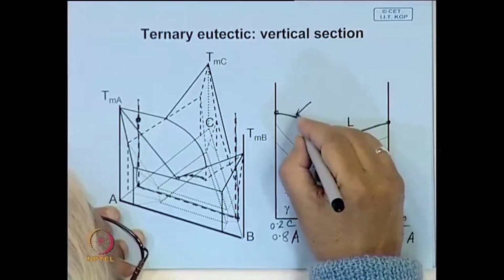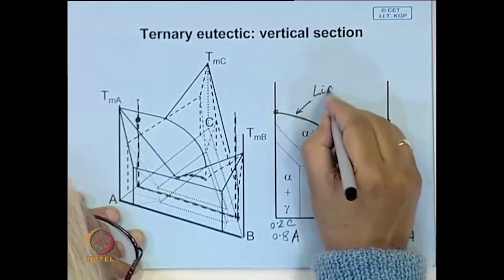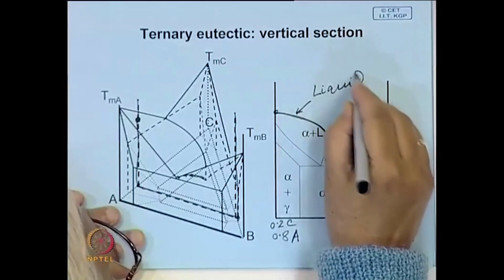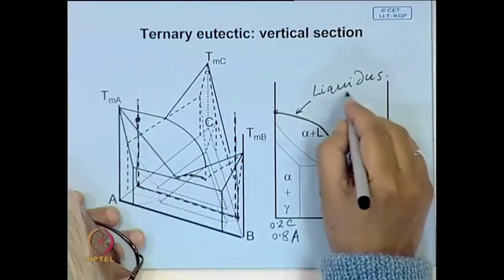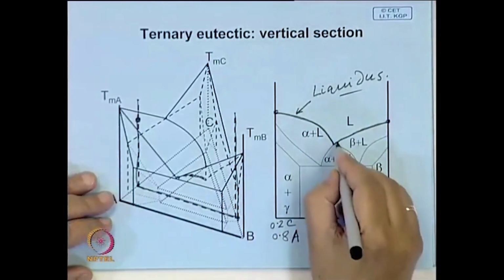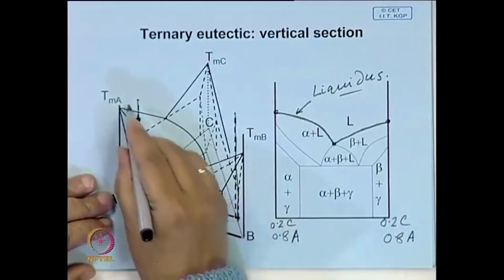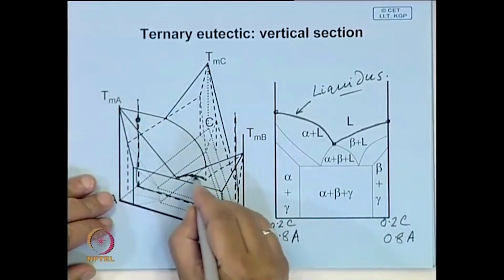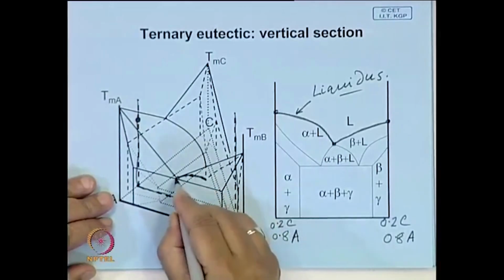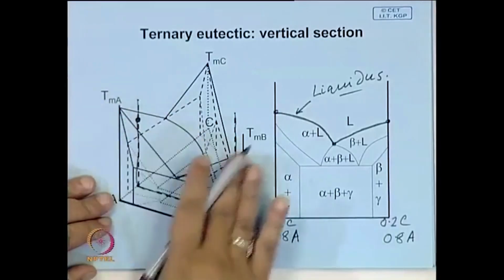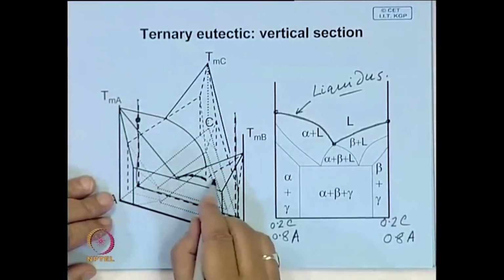So, this is the liquidus, and this is the point where this vertical plane intersects the curve along which these two liquidus surfaces intersect.